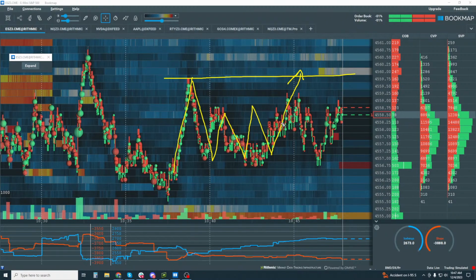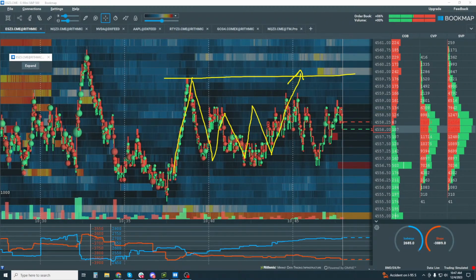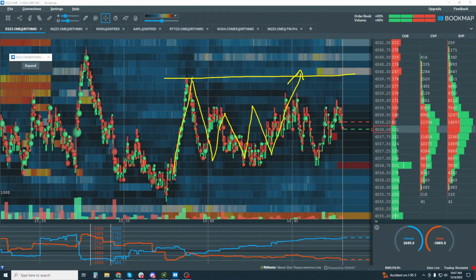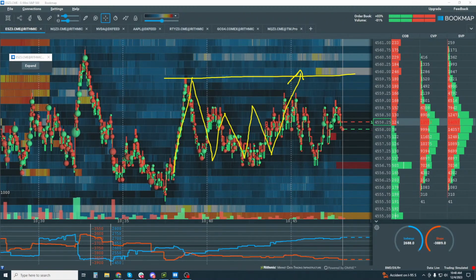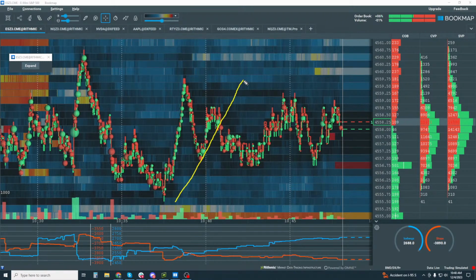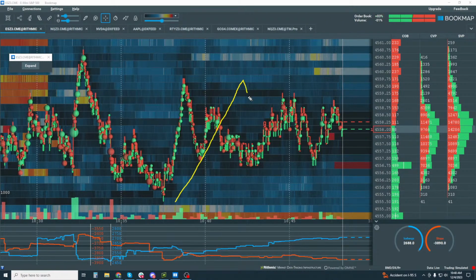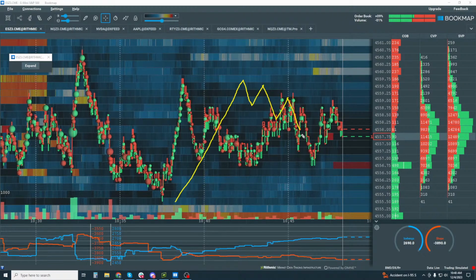Anyway, the flag pattern is very different because it's understanding the order flow in it that makes the difference. In the flag, you're looking for this really strong move with really strong volume on it, and you're not looking for a deep pullback in here.